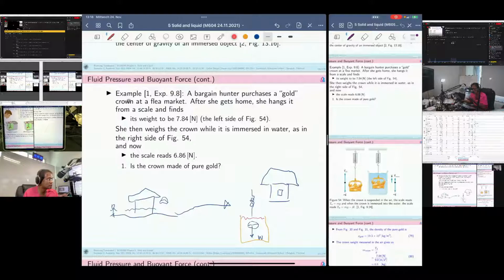The unit of the force from the spring is Newton, and in the second case, she can read from the scale 6.86 Newton, right?